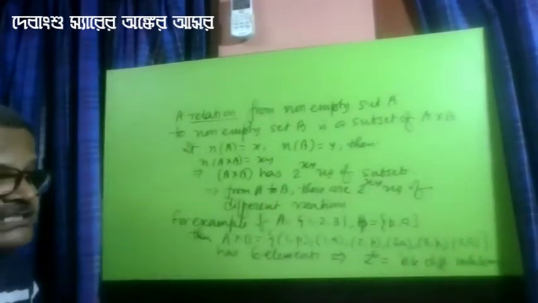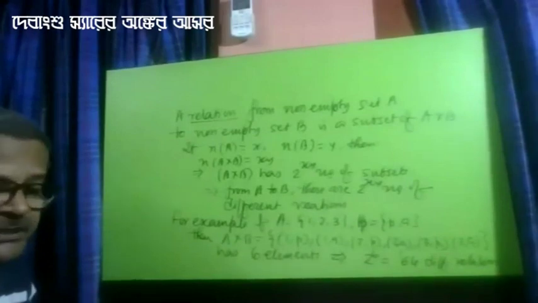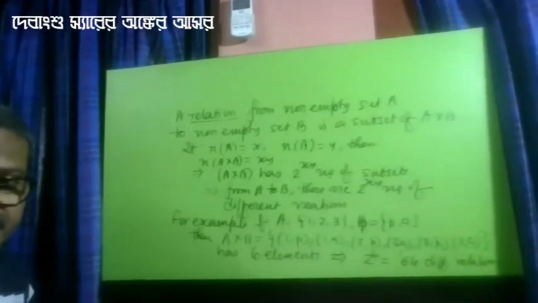So there are 64 different relations from A to B.